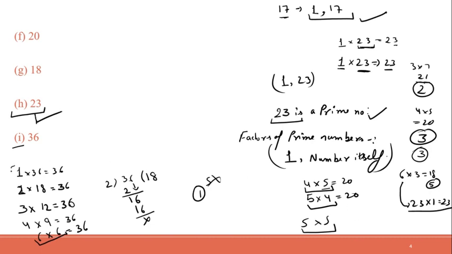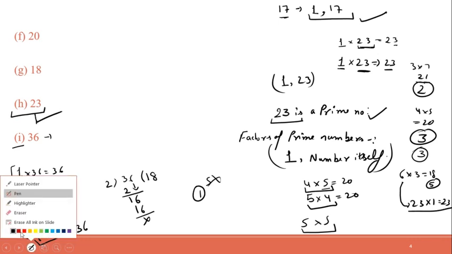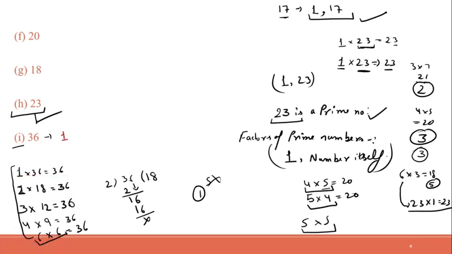So we can say that 36 will have this many factors. What are these? Wait a second. 1, 2, then 3, then 4, then 6 here, then 6 again, so we will not write it again.